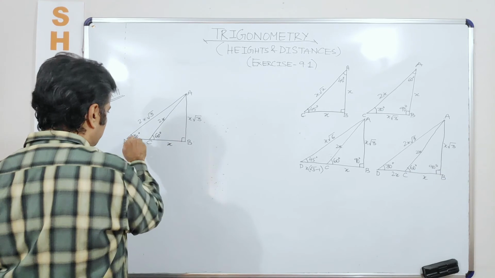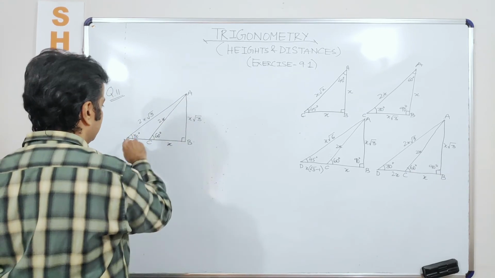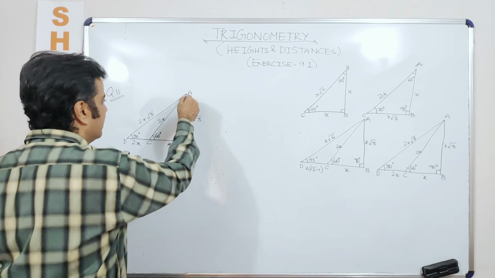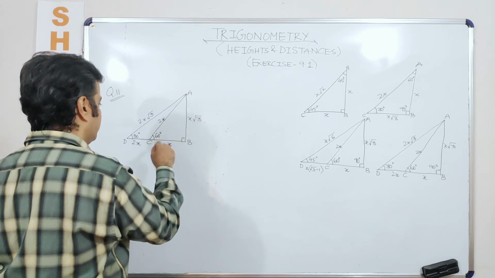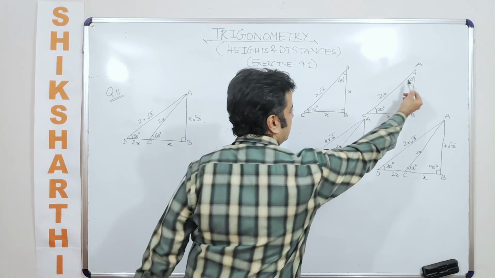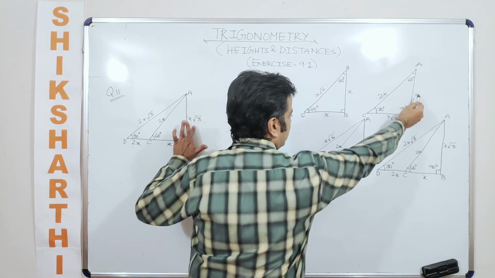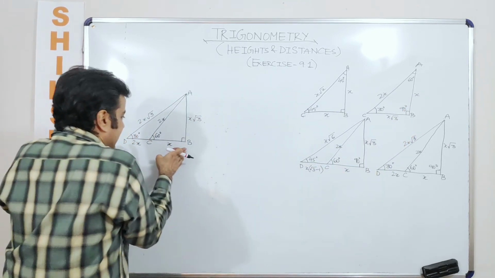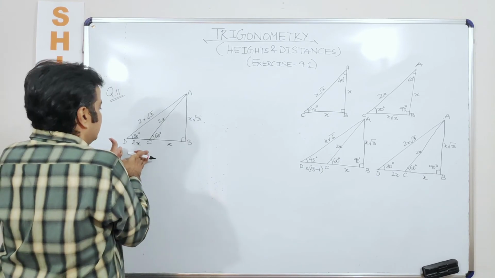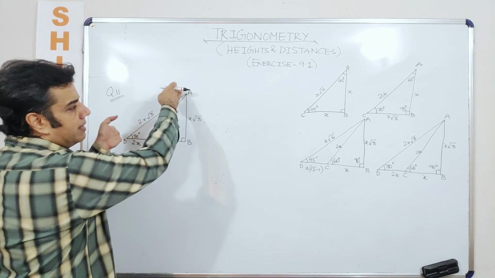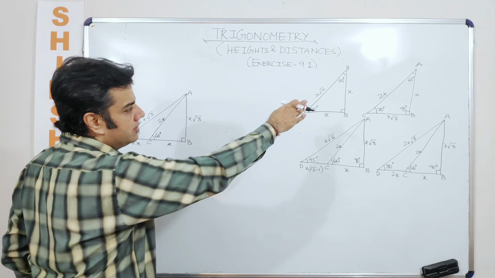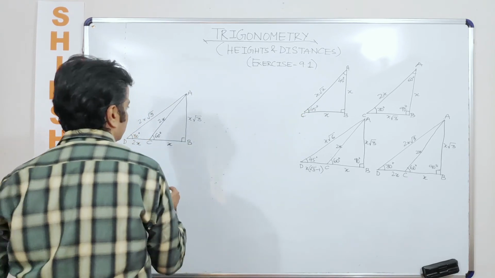Now, if I talk about the triangle ADB, the side opposite to 30 degrees should be x, but this perpendicular is going to be the same. So for 30 degrees we multiply all these with x root 3. In that case this becomes x root 3, which we wanted. This becomes 3x, so the entire length becomes 3x. In that case DC becomes 2x, and the hypotenuse you could have taken as 2x into root 3, which is 2x root 3.